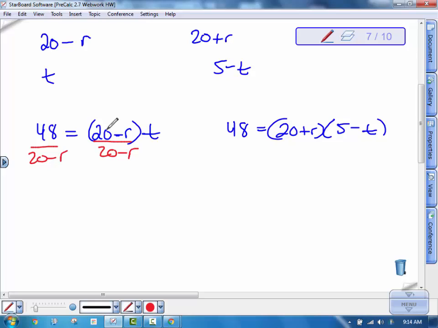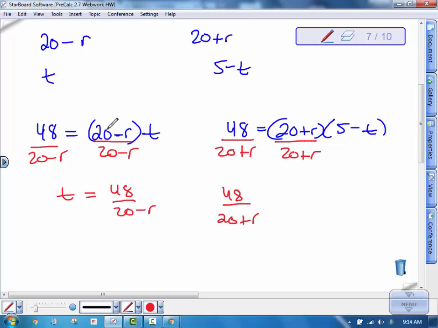So I get this equation, t equals 48 over (20 minus r). And then over here I'll solve for t as well. So I'll divide by 20 plus r. And then I still have 5 minus t, so now I'll subtract 5, and then I'll multiply through by a negative.